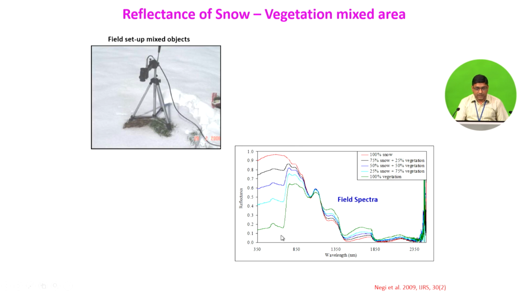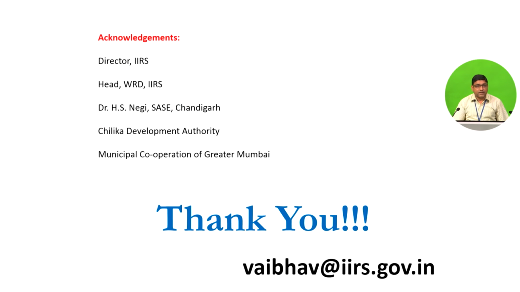This is the corresponding field spectra. With the increase in the vegetated condition, the reflectance is changing. Using this information, we can find out the places where there is a mix of snow and vegetation area.